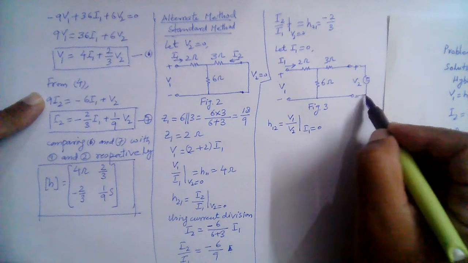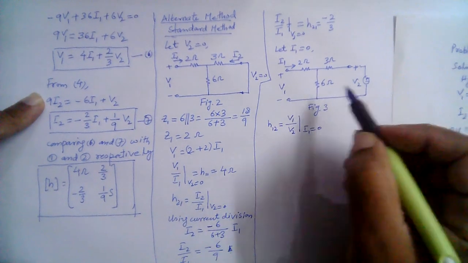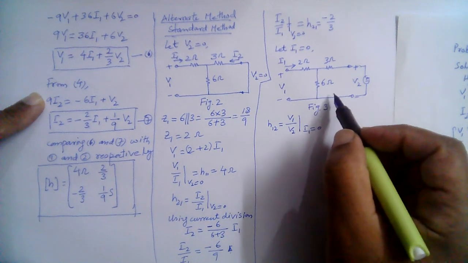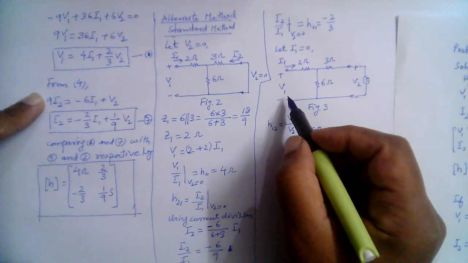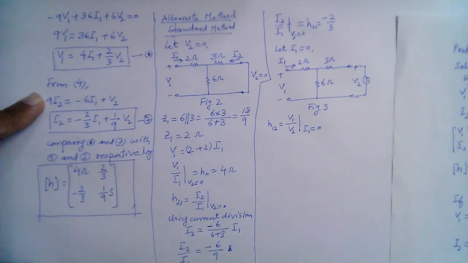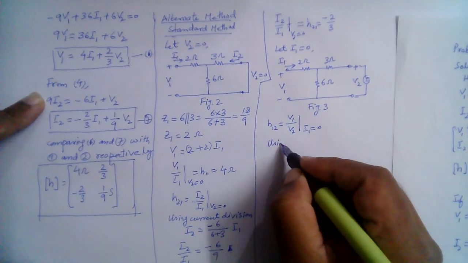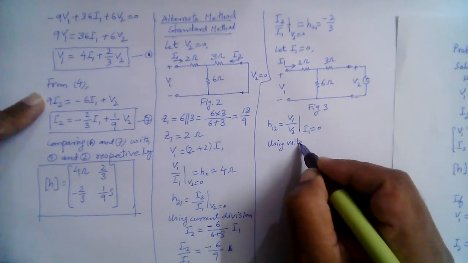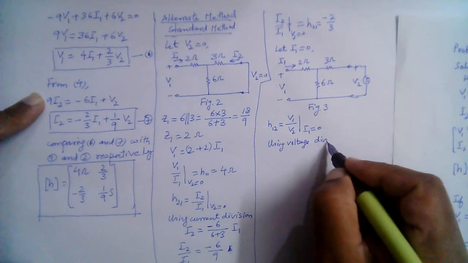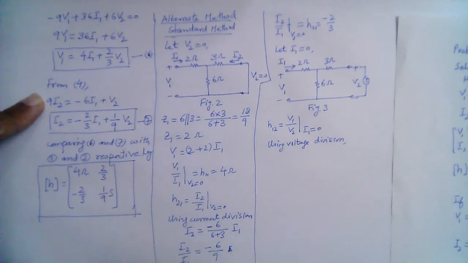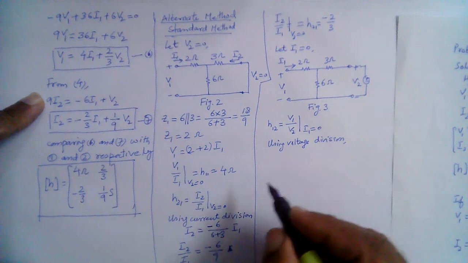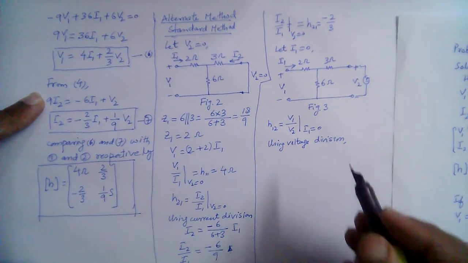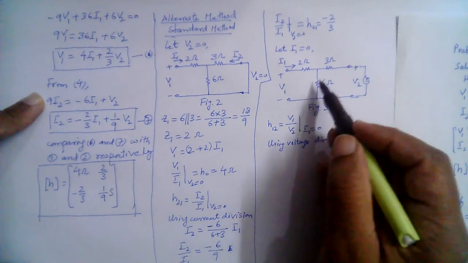This is V2, right? And this is open circuit. So to find the voltage V1 in terms of V2, we can apply the voltage division rule here. So using voltage division, we can express this V1 in terms of V2, right?